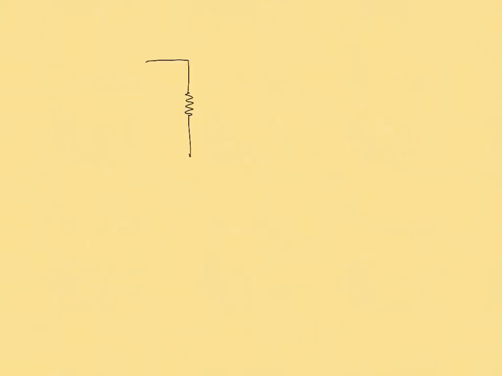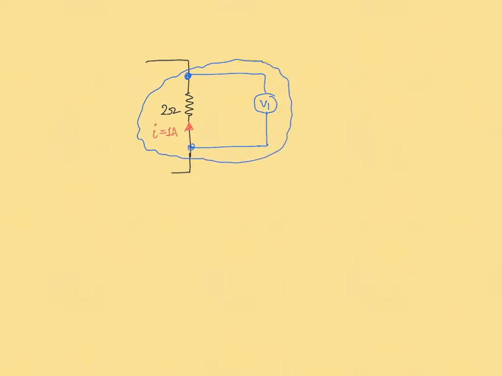This was 2 ohm and the current passing through it is I equal to 1 amp, and there is the voltmeter V1. Now we will consider this loop.